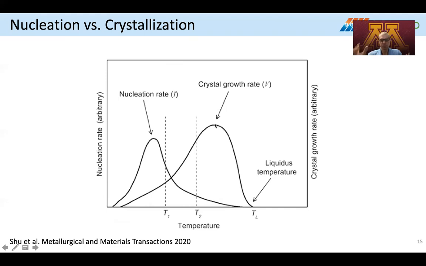So these are just things to think about. A cell may have a single nucleus that goes to a single crystal that spreads throughout, or CPAs may have multiple crystals that just don't have the ability to grow because diffusion is so slow at these low temperatures, and you can see the crystal growth rate drops. So that's something to keep an eye on.